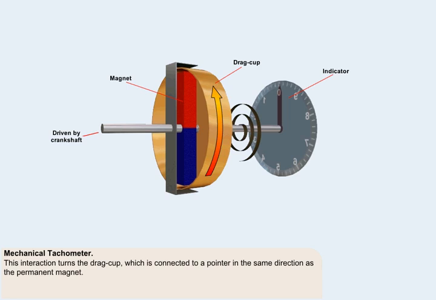A shaft extends from the drag cup and is connected to a pointer. The turning motion of the pointer is against the tension of a hairspring, which controls the drag cup position and hence the position of the pointer. The flexible drive is driven at reduced speed, but true speed will be shown on the indicator. The indicator incorporates compensation devices for changes in temperature.